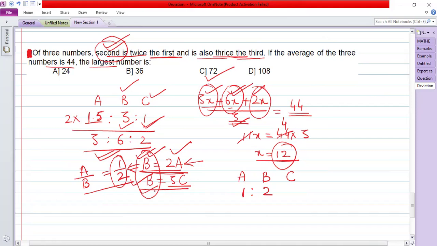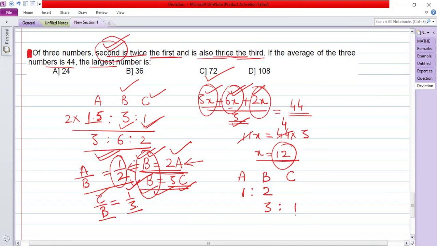Now similarly from B equal to 3C, the ratio C to B will be 1 by 3. So if B is 3, what will be C? C will be 1.